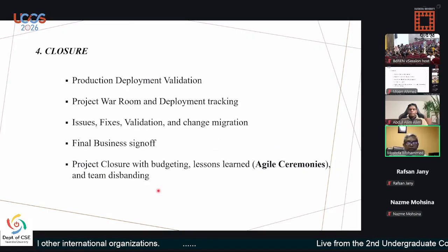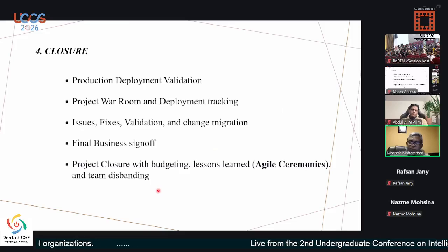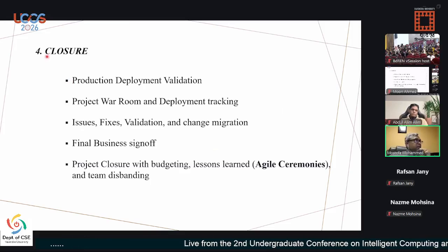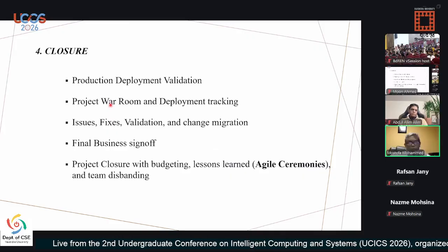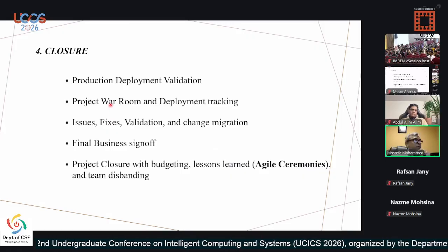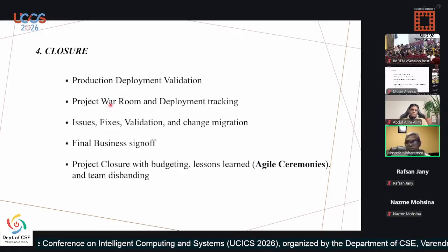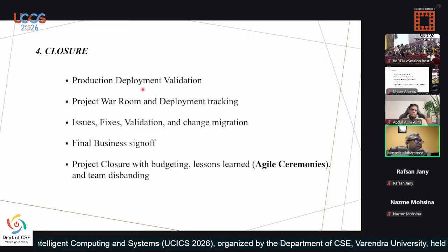Once we migrate the code into production, the next step is the closure of the project, right? Once we move the code to production, we have to deploy the production code and check that the code is working as expected.